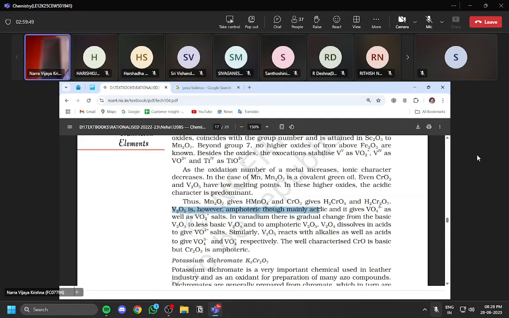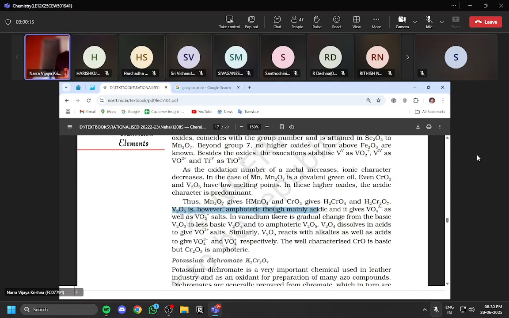We discussed this V2O5 under acidic oxides. But what I wrote there, actually it is amphoteric, though mainly acidic. Are you able to understand? So as such, you will find some points. Remaining points also we will see. These things we will study.